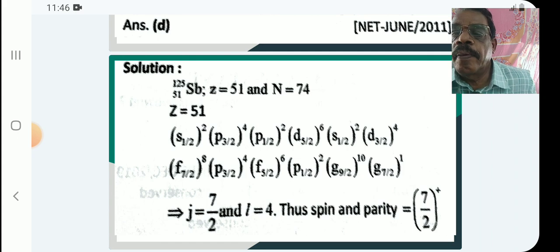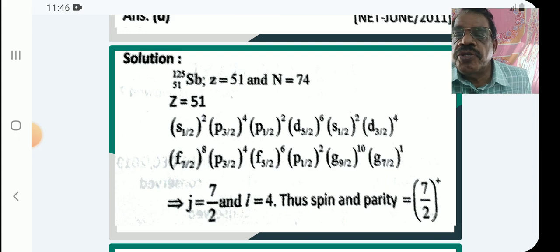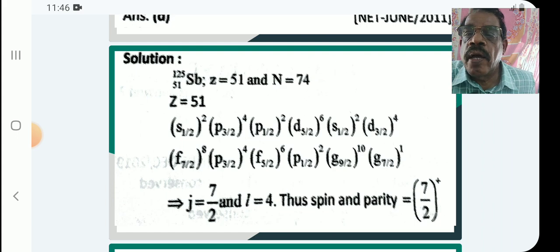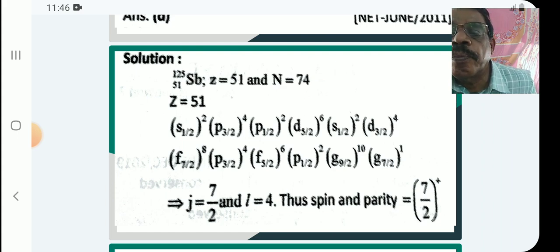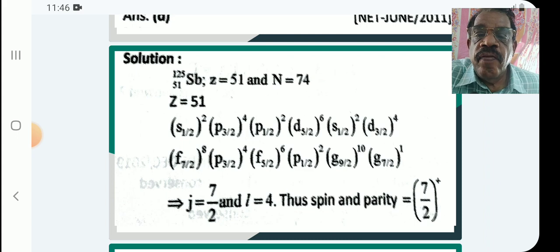And here for Sb 51, Sb 123, A is 123 and N is A minus Z. That is 72. Z is 51. And here the parity we calculate by this configuration: 1s1/2 squared, 1p3/2 raised to 4, 1p1/2 raised to 2, 1d5/2 raised to 6, etc. We calculate, then we get the last value.